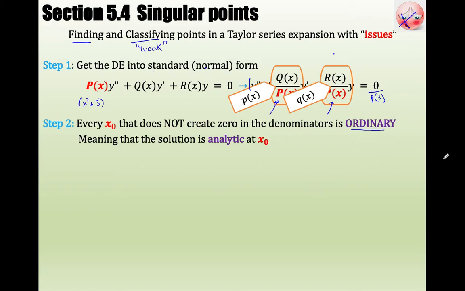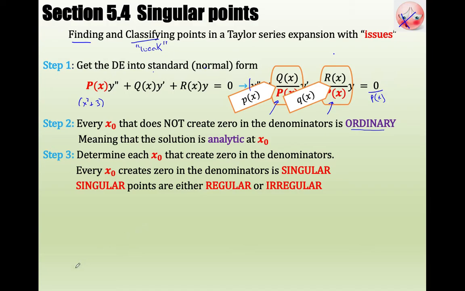Done. We say then that the solution is analytic at every center, no matter what I choose. If everything's ordinary, analytic. And x sub 0 is an ordinary point.